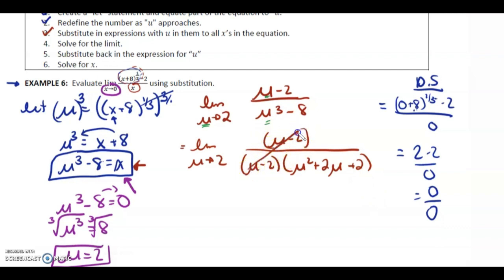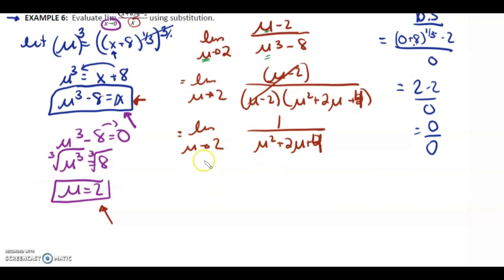At this point, I can cancel out the u minus 2's, and we are left with 1 over u squared plus 2u plus 4. Sorry, this is 4 because it's 2 squared.